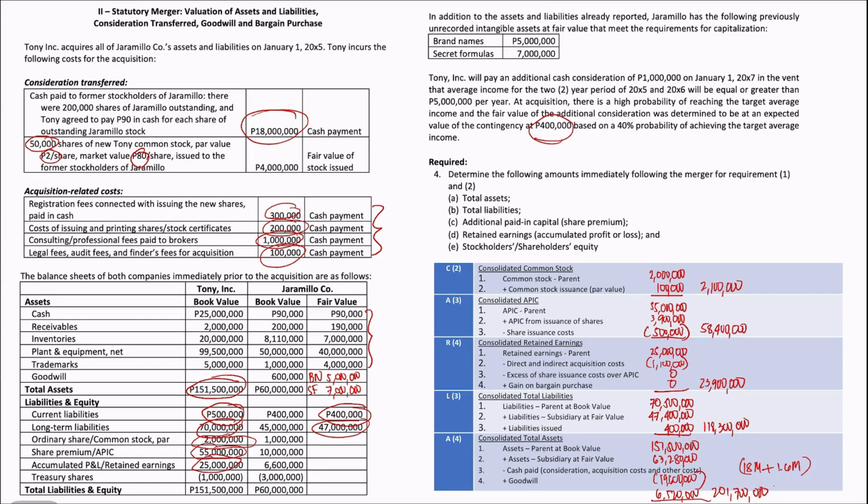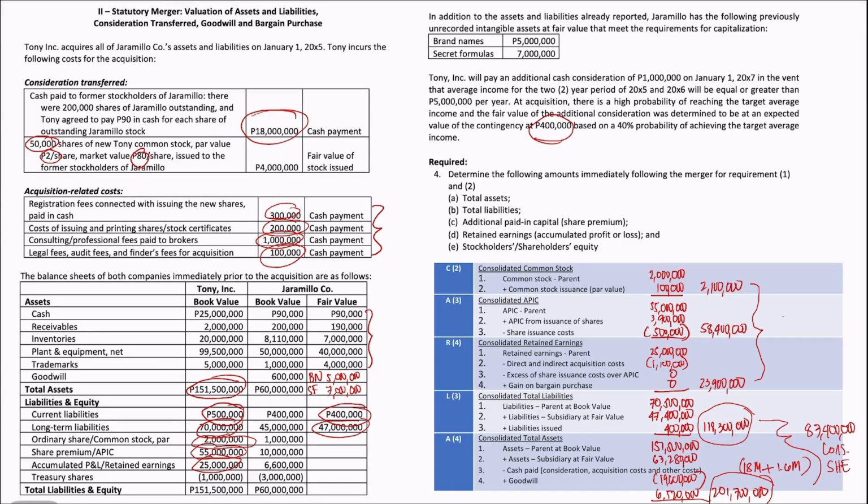Consolidated total assets of 201,700,000 minus consolidated total liabilities. This gives us 83,400,000, which is our consolidated stockholders' equity. To check, we add consolidated common stock, consolidated APIC, and consolidated retained earnings.